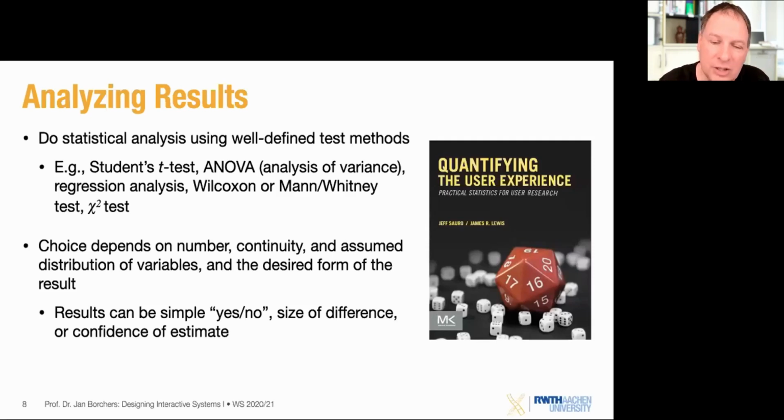The more you ask for, the more profound and meaningful and useful your result is supposed to be, usually the tougher the statistics will go at your data, and the tougher it will be to actually prove that result, which is kind of self-evident, right? The more I want to claim about my findings, the harder it will be to actually prove that reliably. Kind of makes sense.